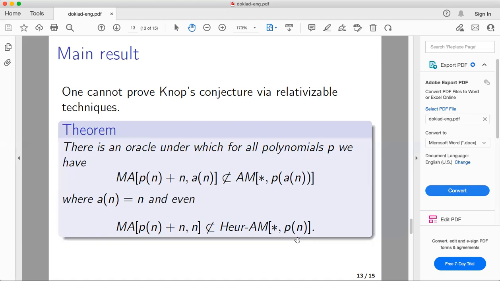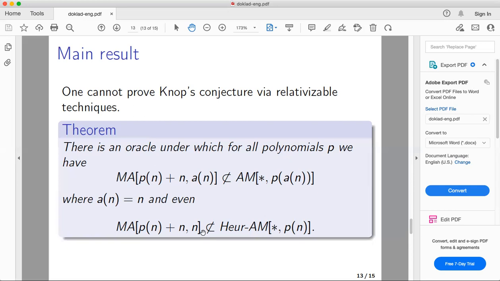Under that very same oracle, the class MA with the same parameters is not included in the heuristic version of the class AM with P of n. So the second inequality refutes both the simplified version of Knop's conjecture and its full version.